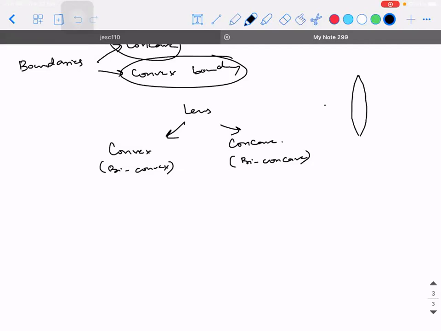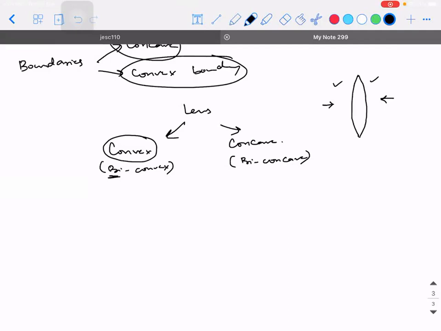Because when you see from the left-hand side, which boundary are you facing? You are facing a convex boundary. Similarly, when you see from the right-hand side also, you are facing a convex boundary. So since you are facing two convex boundaries, we can also call it biconvex, or in simple terms, a convex lens.